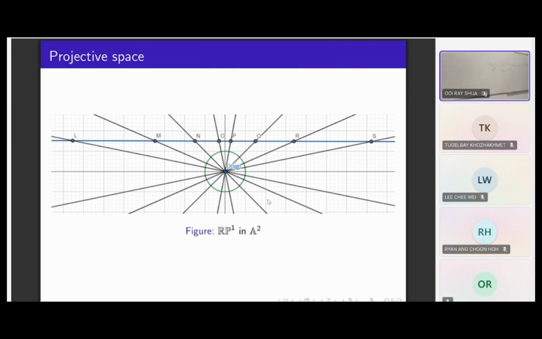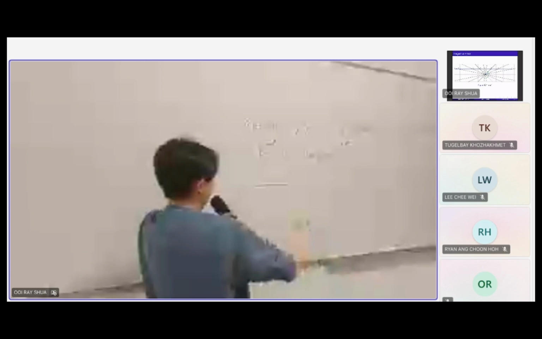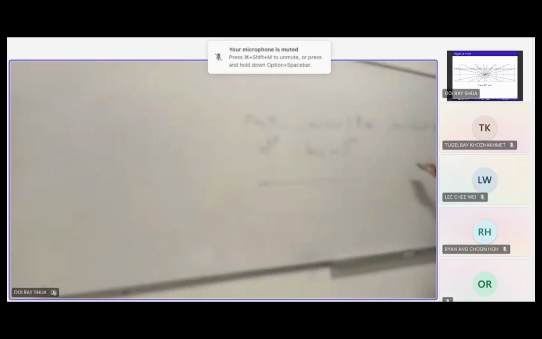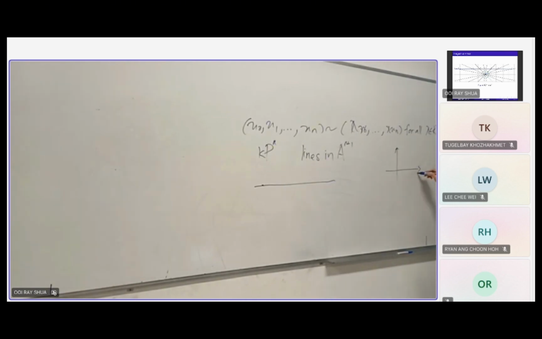So in P1, it's just a line. But if you want to see it, it will be something like in A2. So your field of view is like this, as if you're seeing from here. So your curve here will be a line in P1, and this is from the perspective of A2.